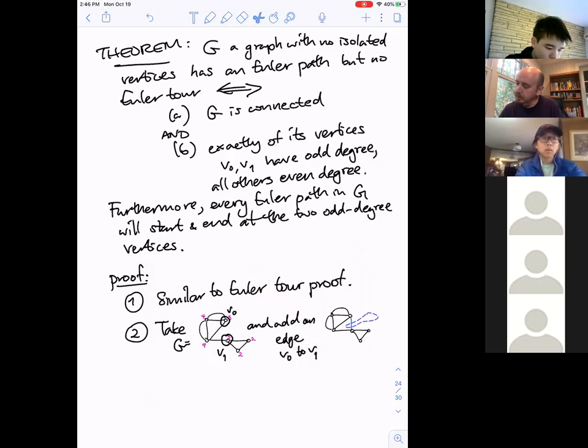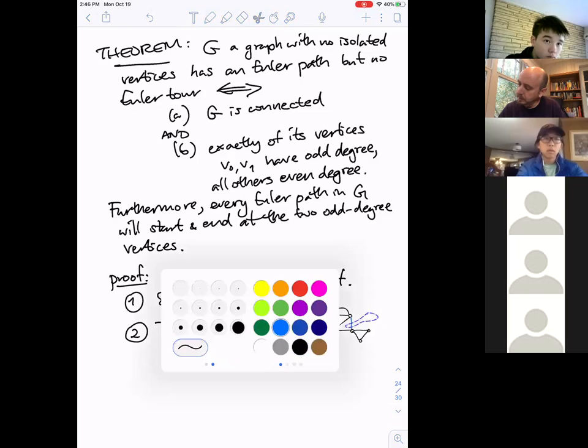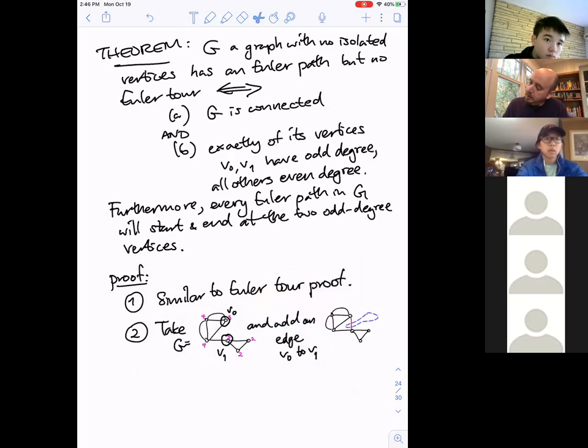that's kind of small. Can you see that extra edge? Let's make that extra edge red. If you add that extra edge from V0 to V1, you've converted it to a graph that now has every vertex degree even. And it's still going to be connected. If this one was connected, that one's going to be connected.